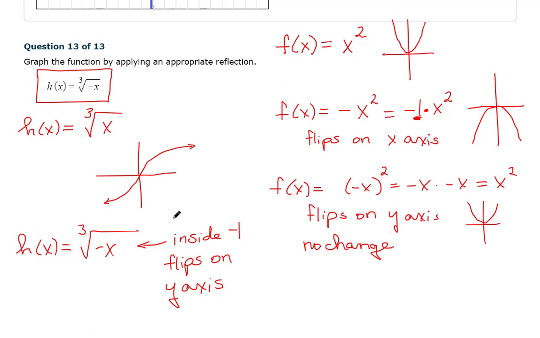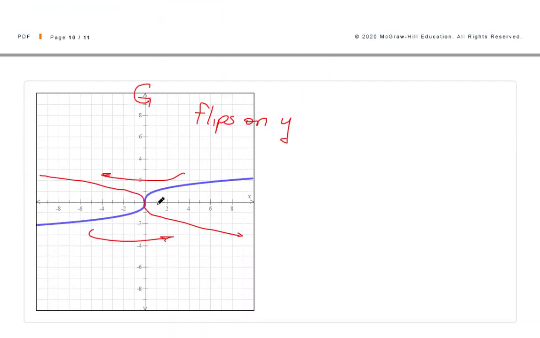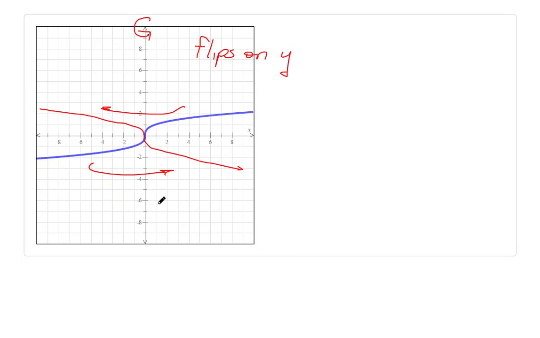All right, so let's see, what does that mean? Well, the origin would not get flipped anywhere. This side, if I flip it around this way, should come looking like the following. And similarly, the bottom that goes this way, when it flips, it goes to the other side. And so here's my final picture.